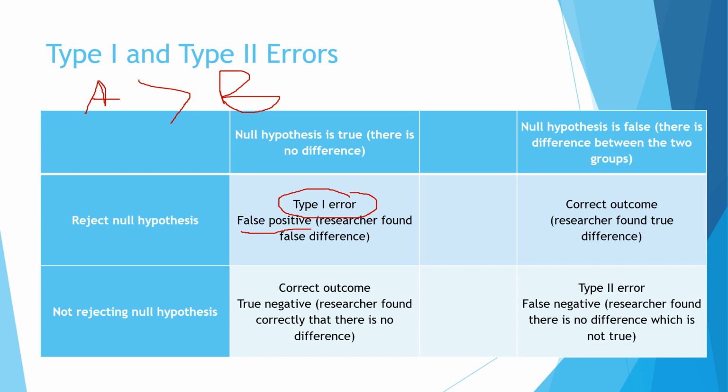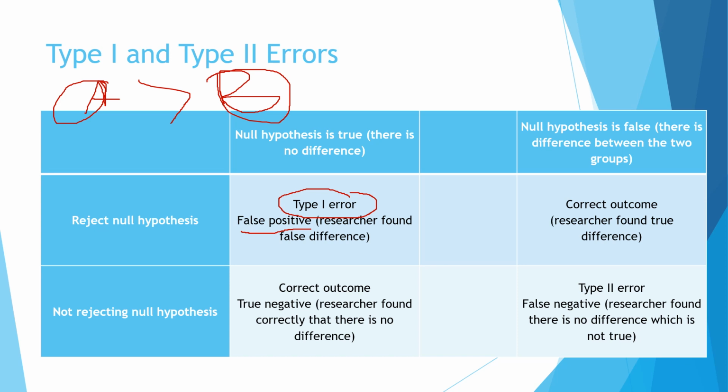What does this mean? It means that actually treatment A and treatment B were the same and your results were wrong. No one was better than anyone, but your study was wrong. It showed you that A is better than B.